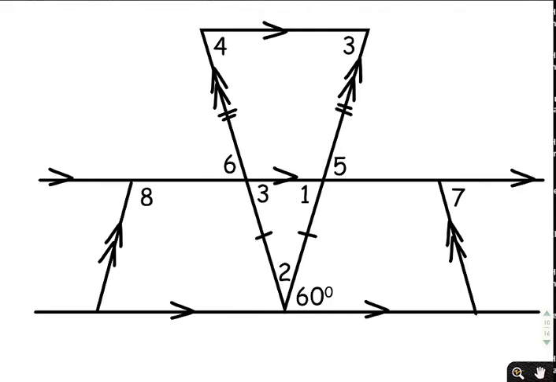Okay, so the first thing I'm going to observe is that if I have 60 degrees here, I'm looking at some parallel lines, because I have the one mark here as well, cut by this transversal. So I know that angle 5 has to immediately equal, oh, not 50, back that up, 60 degrees. Okay.